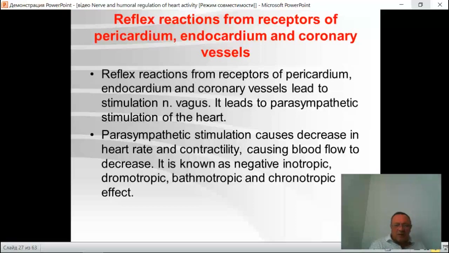It leads to parasympathetic stimulation of the heart. Parasympathetic stimulation causes decrease in heart rate and contractility, causing blood flow to decrease. It's known as negative inotropic, dromotropic, bathmotropic, and chronotropic effect.